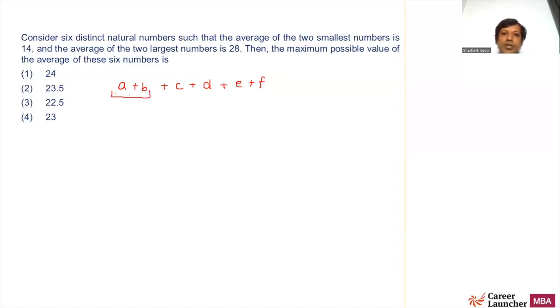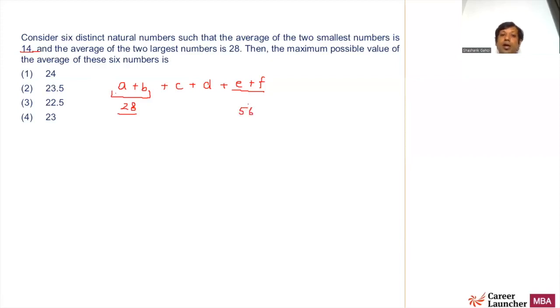Sorry, average of the two smallest is 14, so their sum is going to be 28. The average of the two largest means these two is 28, so their sum is definitely going to be 56.